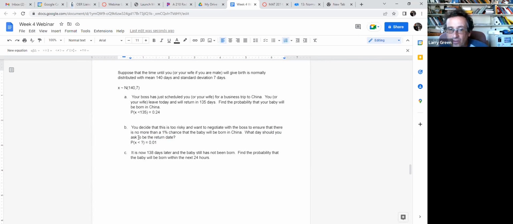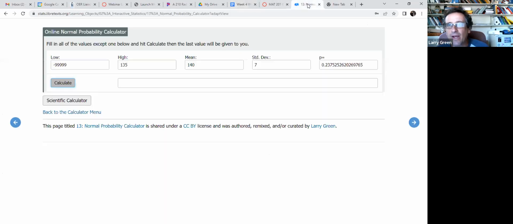Because now we don't know the value of X, but we do know the probability. So now we can pop in the probability is 1% or 0.01. We don't know the return date, so that's blank. Stop me if there's any questions on what I just did.